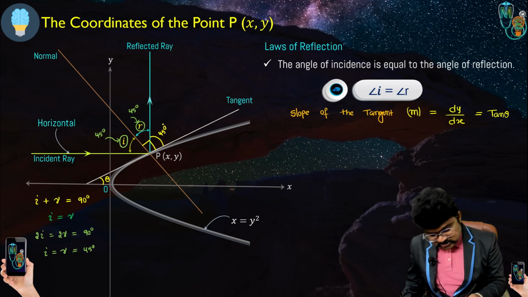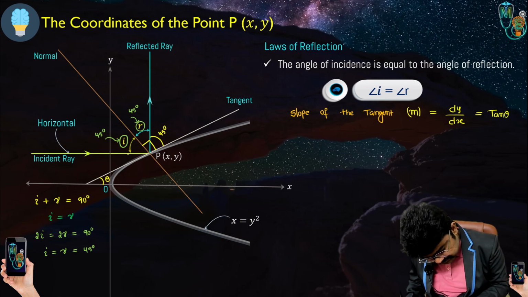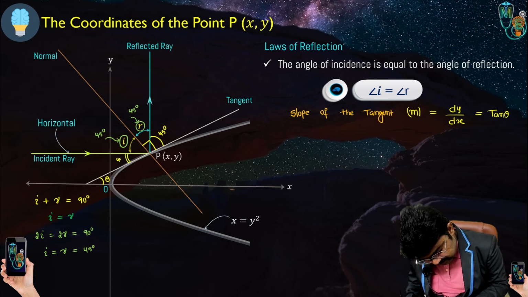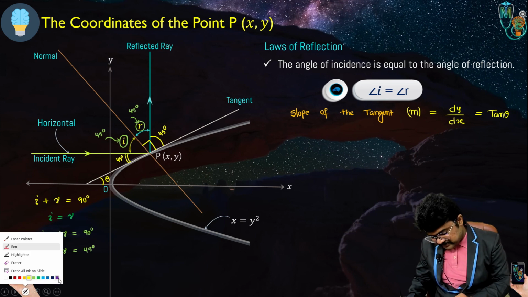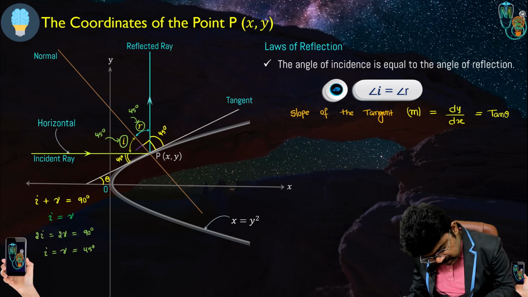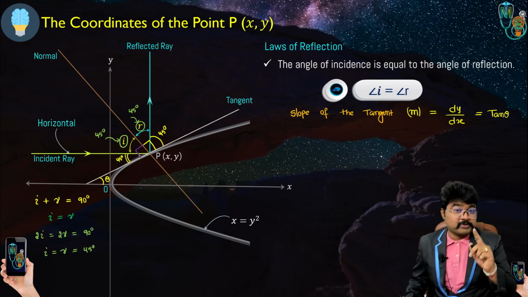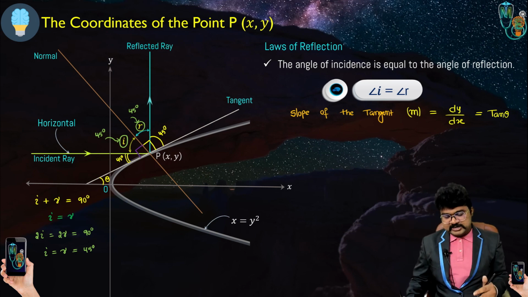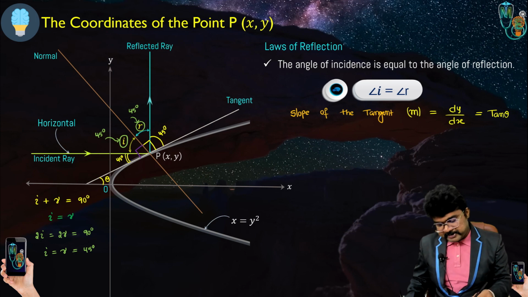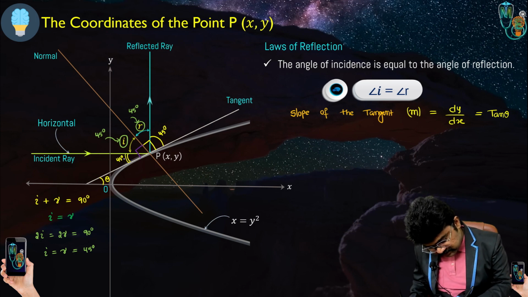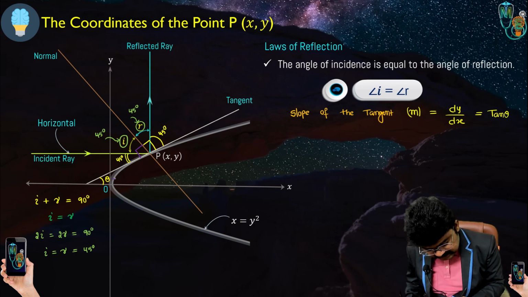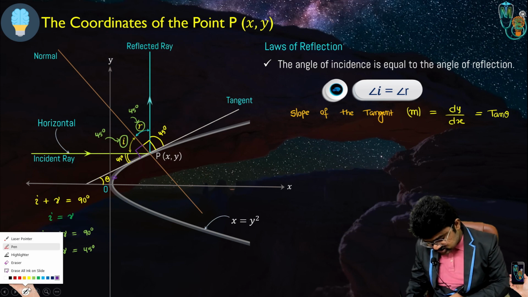So if this is 45 degrees, this is also 45 degrees, because they make an angle of 90. The normal and tangent are perpendicular. That means it should be 45. Then theta must be equivalent to how much here?